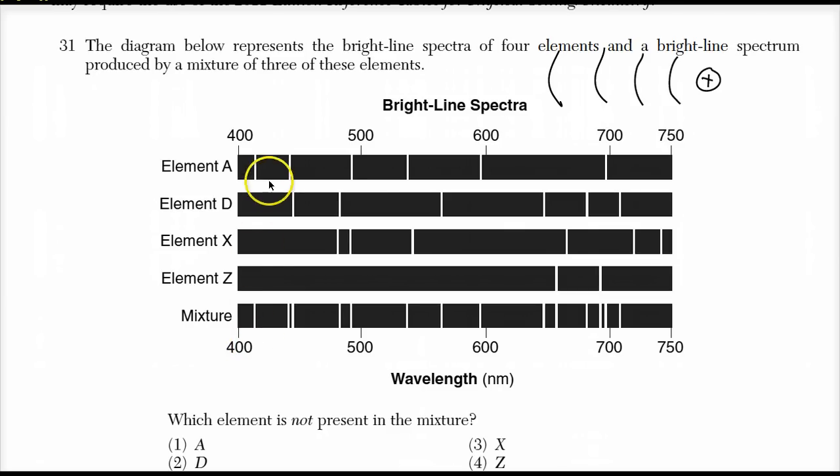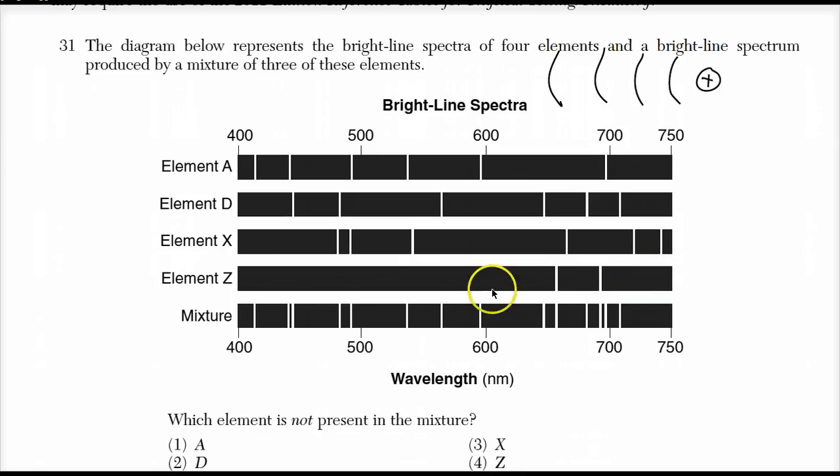So we're looking for lines that are in different elements. So I know element A is here because its lines are there. Okay, who else is there? Okay, it looks like element D is there as well. So it looks like all the lines are from element A and element D, if I'm not mistaken.